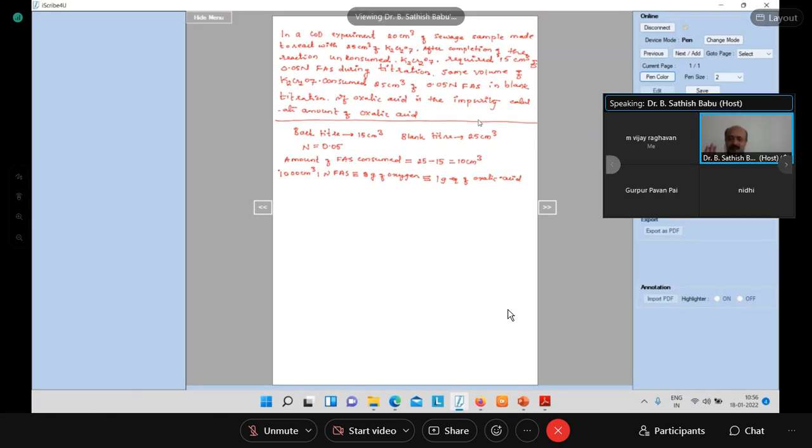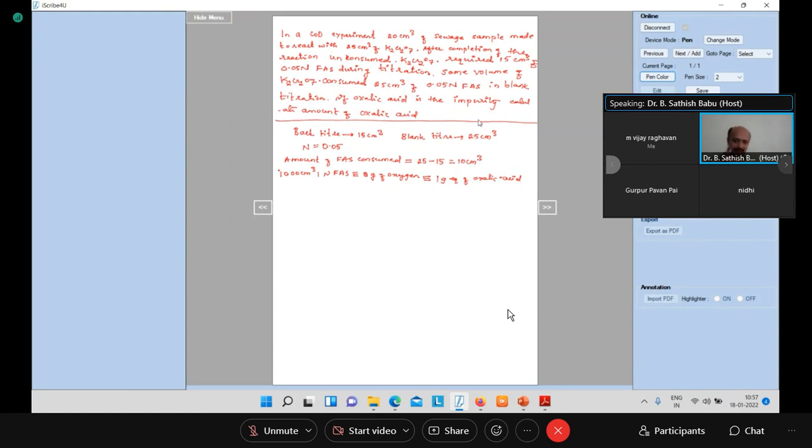So the compounds or elements will react in terms of equivalents, right? So 1 gram equivalent of chlorine will be equivalent to 8 gram of oxygen. 8 gram of oxygen will be equivalent to 1 gram equivalent of oxalic acid. 1 gram equivalent of oxalic acid will be equal to 1 gram equivalent of FAS, right? So you can write the equivalence like that.